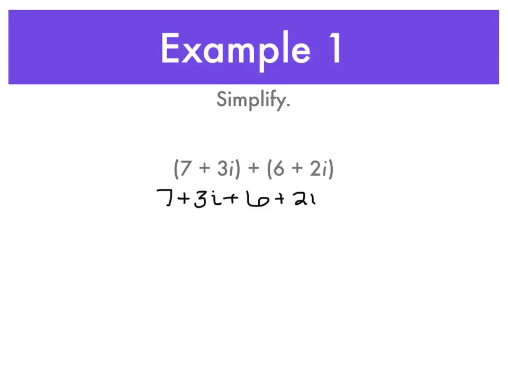And then combine like terms like you usually would. So 7 and 6 combine to make 13, and 3i and 2i combine to make 5i. Okay, so your final answer would just be 13 plus 5i.